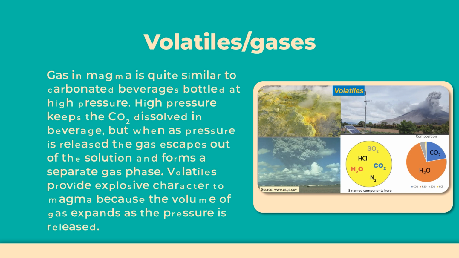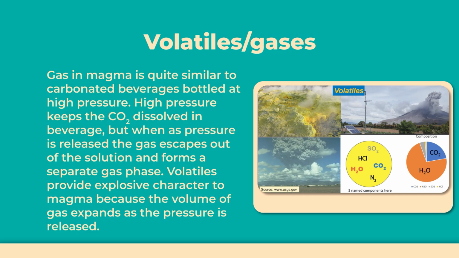Like when you open a cold drink bottle, in other words, the gas in the magma is similar to carbonated beverages bottled at higher pressure. As soon as the cork is opened, the pressure lowers and the carbon dioxide dissolved in the beverage is released. Okay? So I hope you understand this concept.